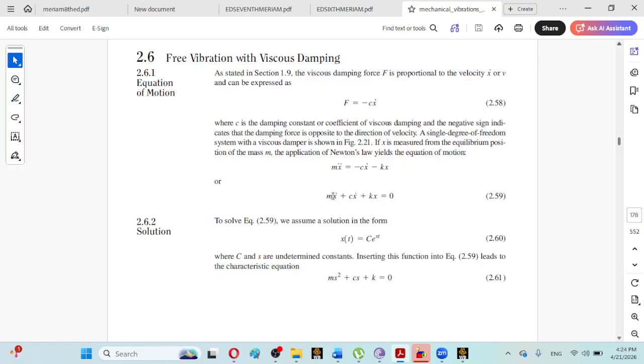And if we want to write it in the standard form, what will we be dividing? We will be dividing this non-standard equation by the coefficient of the highest order derivative term. In the standard equation, the coefficient of the highest order derivative is always 1.